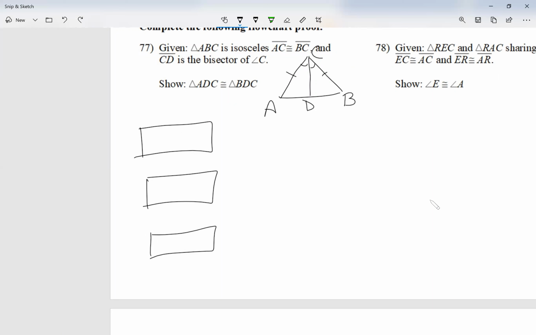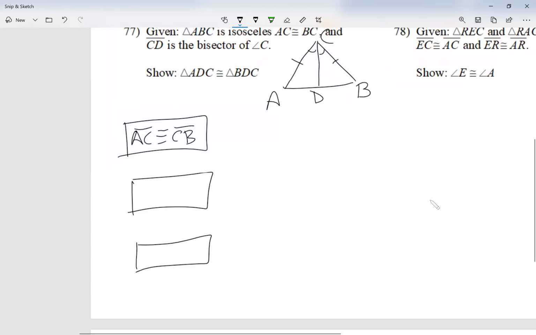So I'm going to say the segment AC is congruent to the segment CB. I'm going to say that that is true. In a minute, I'm going to say why.